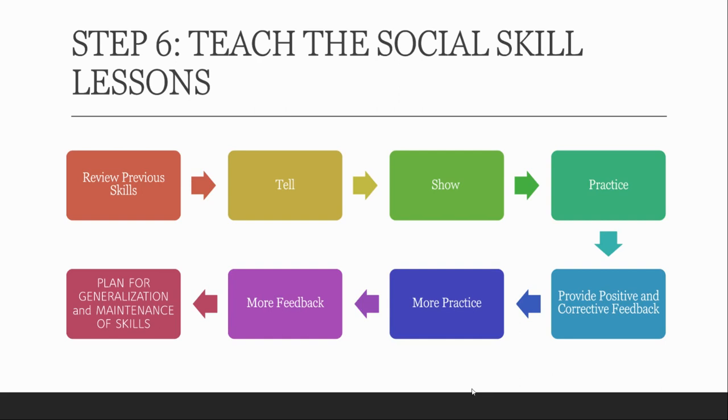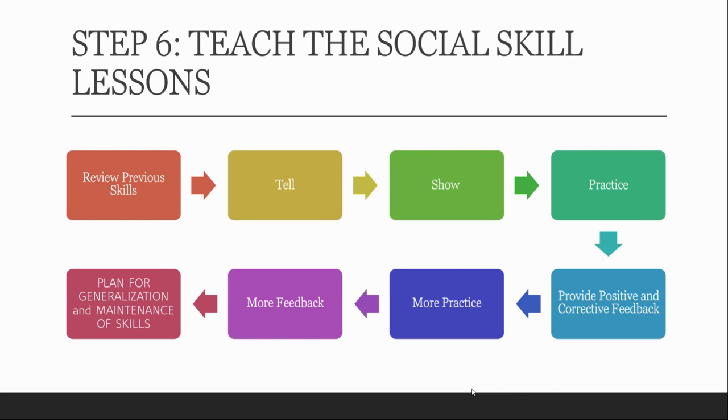So the next step is going to be to teach those social skills lessons. So again, remember that process. During each lesson, they're going to always start with reviewing those previous skills that were taught. They're going to teach the new skill by telling. We're going to go through the modeling or the show.